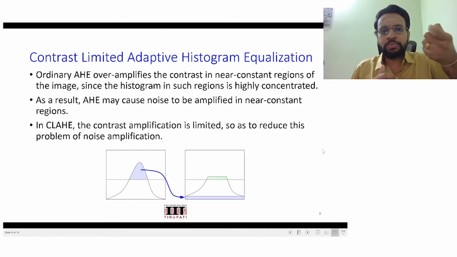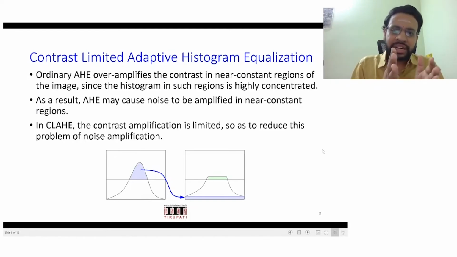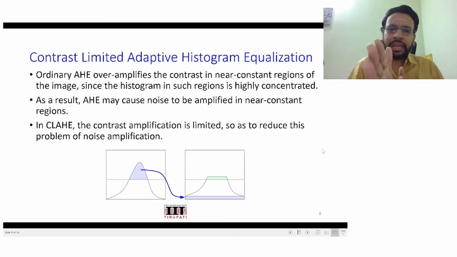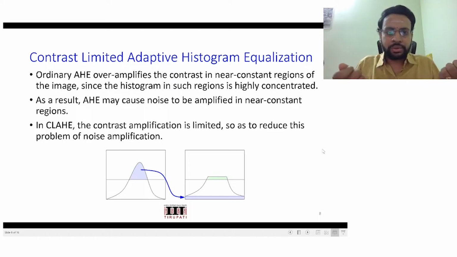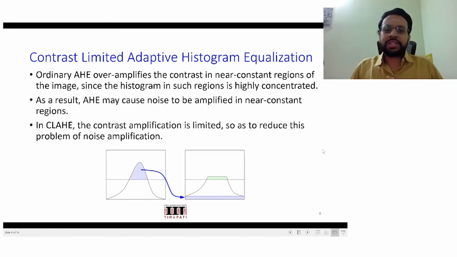There could be a few points which have high intensity, but you could clearly notice that in such a near-constant contrast region, when you apply histogram equalization, that would amplify the noise a lot, because everywhere you are trying to spread all the intensities from 0 to the maximum intensity level and achieve an equalization there.